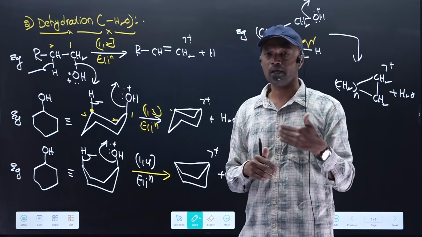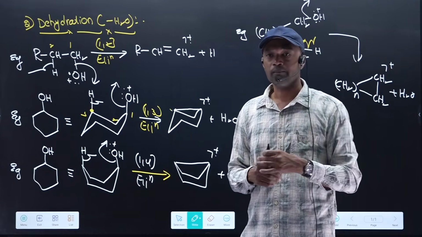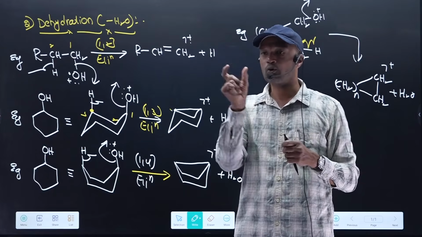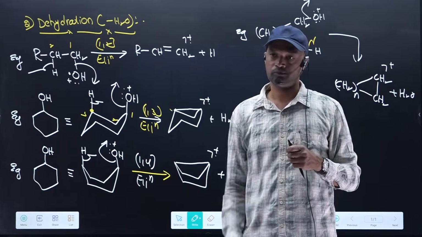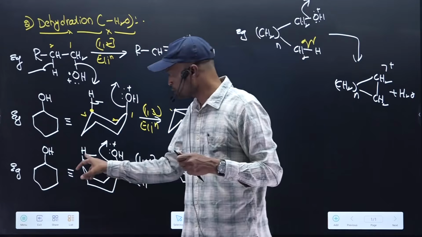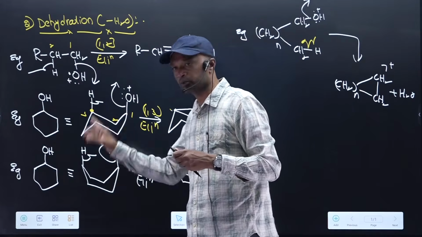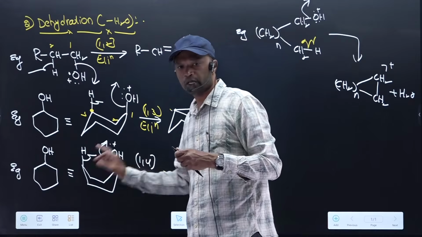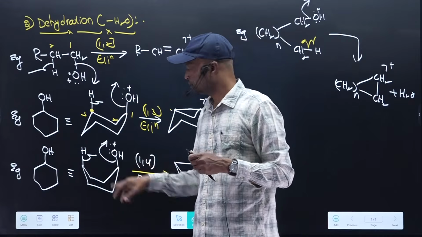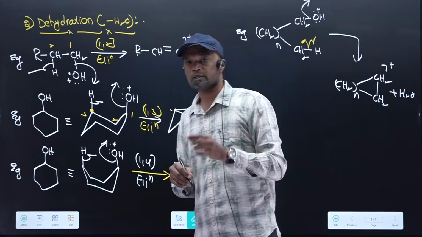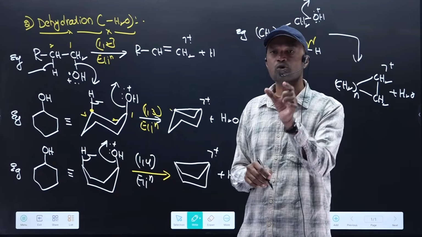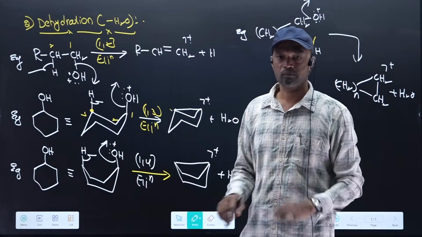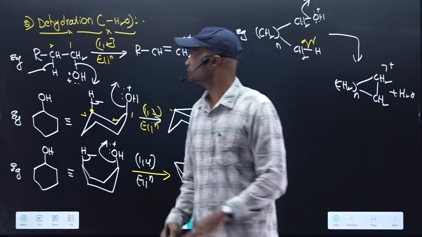Based on this spectra, we can determine which atom is very close to the functional group. This is most favorable for this hydroxy to remove. I am not removing second position, third position hydrogens, because dehydration is possible with respect to hydroxy and hydrogen which are very close to each other. Clear? Right. That is dehydration.